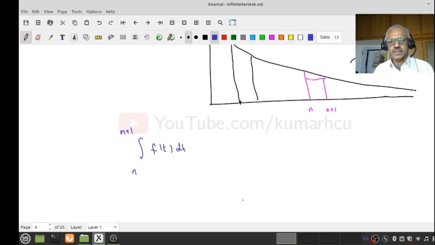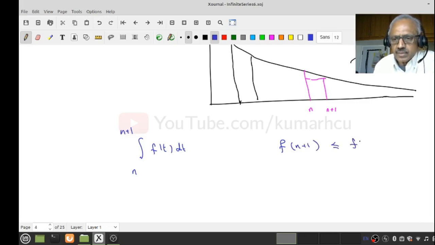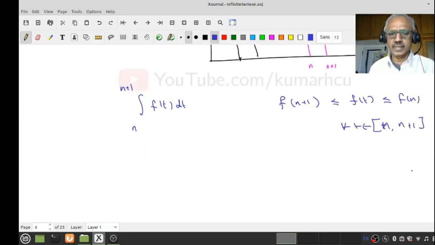Now notice that on this interval from n to n plus 1, I have an obvious estimate: f(n+1) is less than or equal to f(t) is less than or equal to f(n) for all t in [n, n+1].